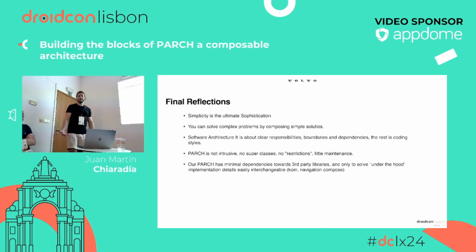We have minimal dependency toward third party libraries, and only under the hood. We are not exposing those dependencies to the whole app. If we want to change Koin to Hilt, we do it only on the dependency injection layer, and all our UI code, all our view data, all our orchestrators, we don't need to touch a thing over there.